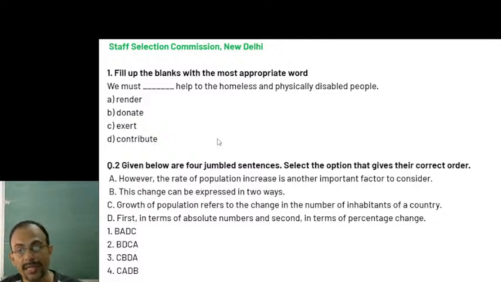So from the context of the sentence, you try to find out what the best option can be.